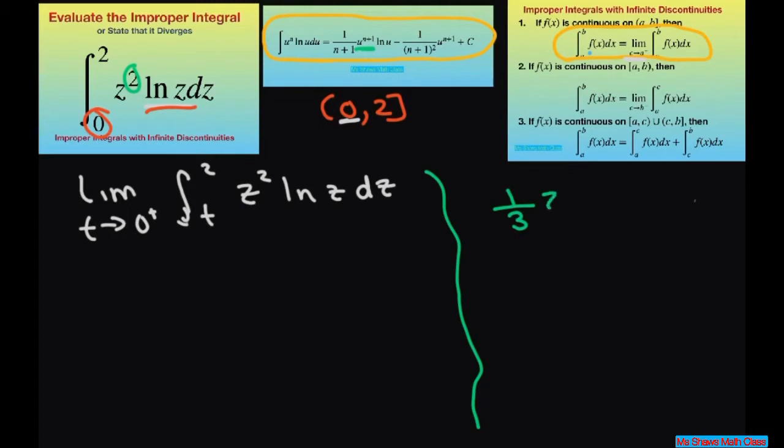And then we have z cubed ln of z minus 1 divided by 3 squared, which is 9, z cubed, plus c.